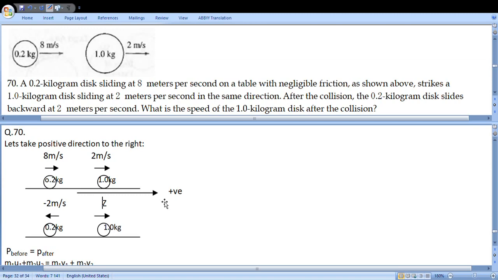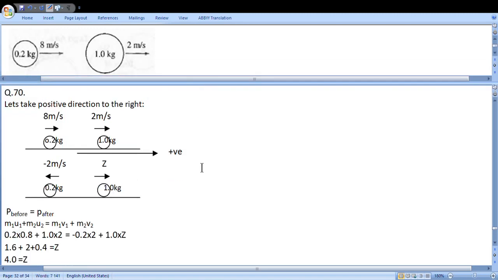So conservation of momentum. Momentum before equals momentum after. So m1u1 plus m2u2 equals m1v1 plus m2v2. U is the velocities before, v are velocities after. 1, 2, first object, second object.